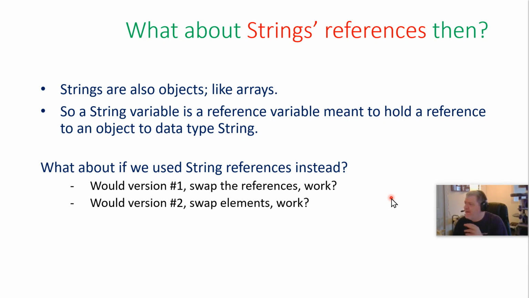So now, what about version 2 that I had in the previous slide, the one where we finally were able to successfully swap the content of the arrays by going into them and swapping elements one by one. If I try to do that with strings, what's going to happen? Well, this is more of an open-ended question.